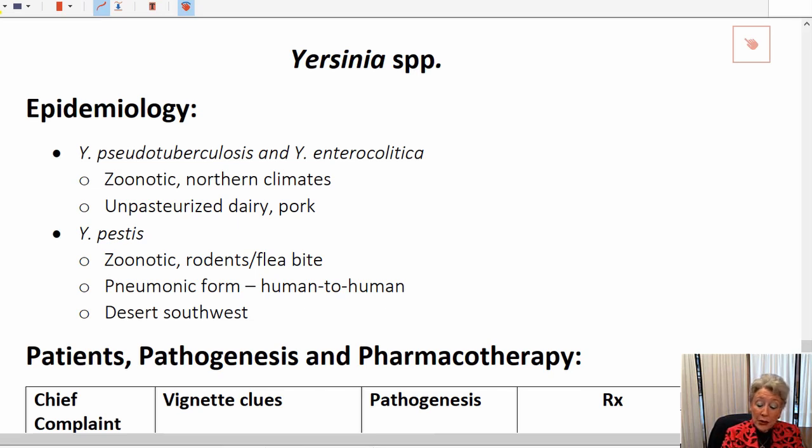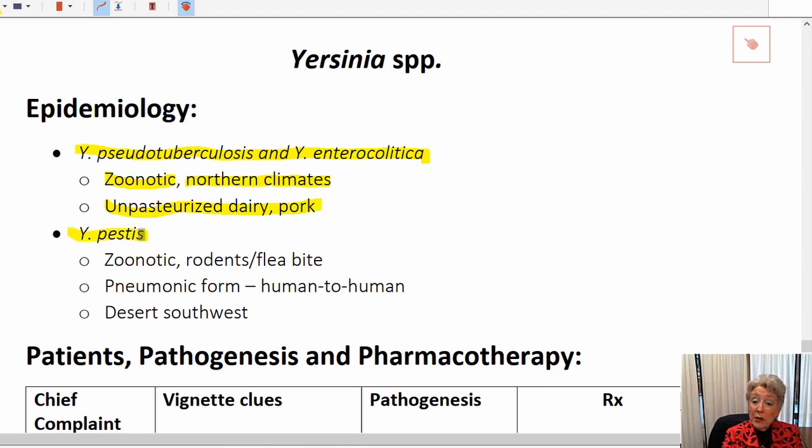Yersinia, our second one that does nothing. We can divide this into two broad categories. Yersinia pseudotuberculosis and enterocolitica are zoonotic agents in northern climates, and so typically they're acquired from unpasteurized dairy or pork products.